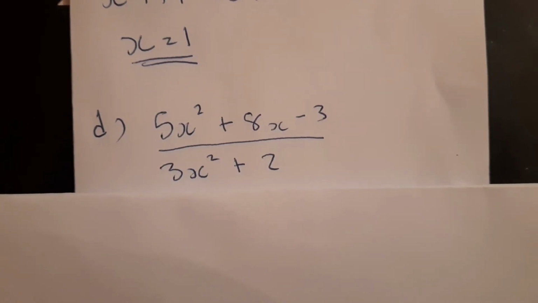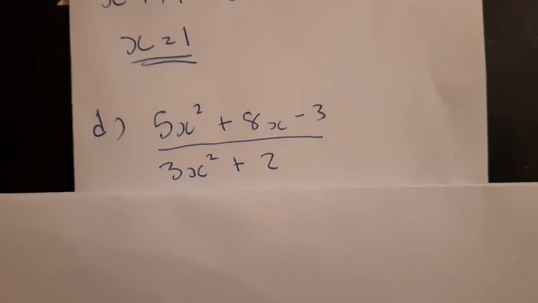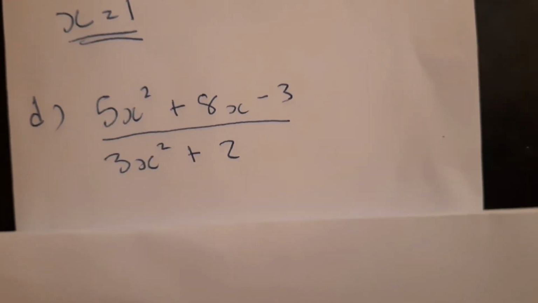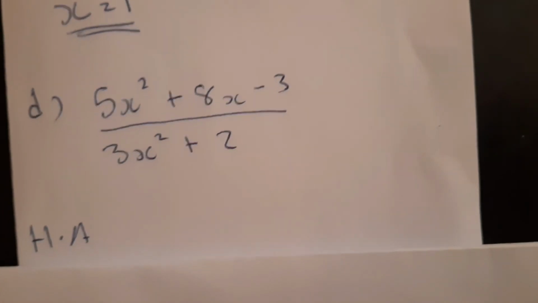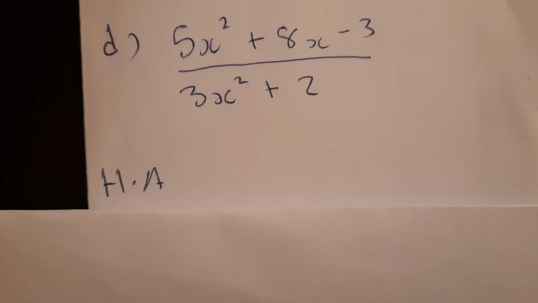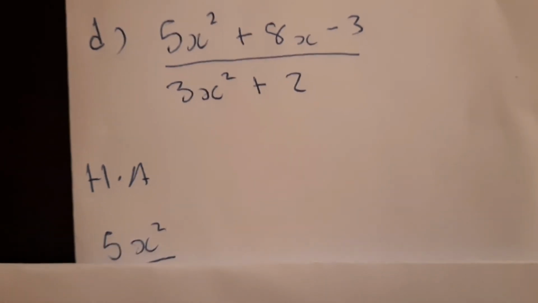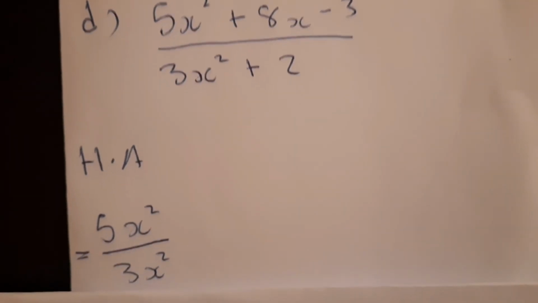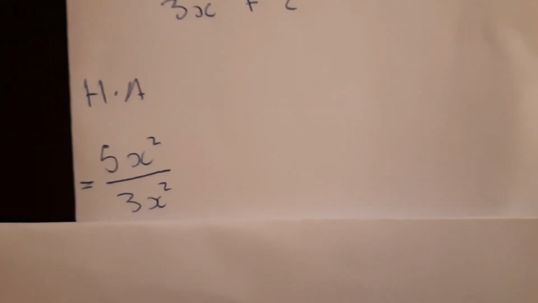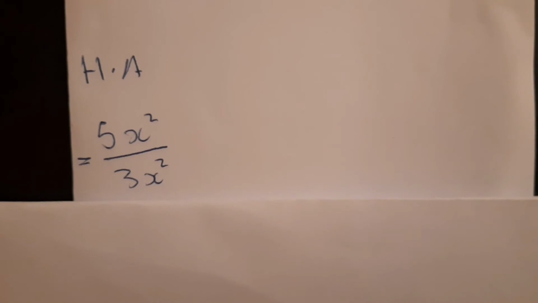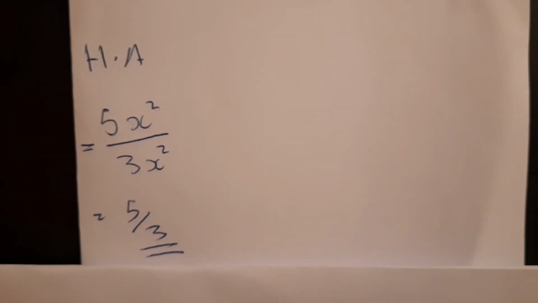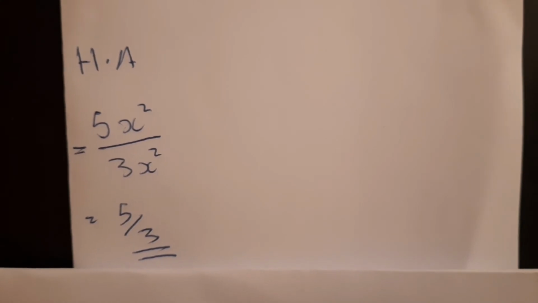Because they are of the same degree, we're just going to divide the coefficients of the x's with the highest degrees, which will mean you're going to have 5x squared over 3x squared. Excuse me. So the x squared will cancel out, which will leave you with just the coefficients on their own, and that will be 5 over 3 as your horizontal asymptote. And that is the answer.